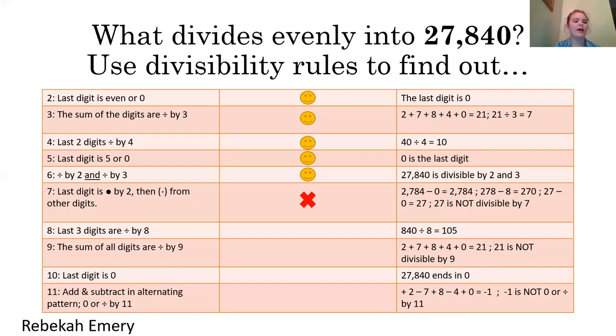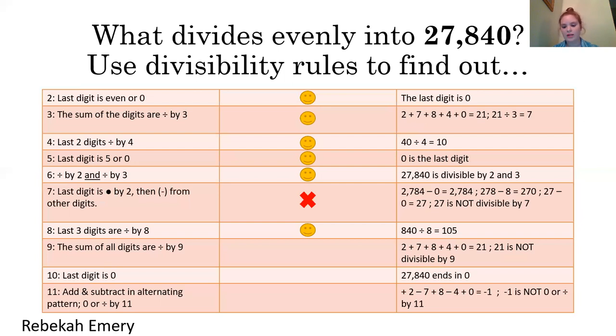A number is divisible by 8 if the last three digits are divisible by 8. So 840 is divisible by 8. So we get 105, and that is the smiley face. A number is divisible by 9 if the sum of all digits is divisible by 9. This process can be repeated until the answer is small enough to easily recognize as a multiple of 9.